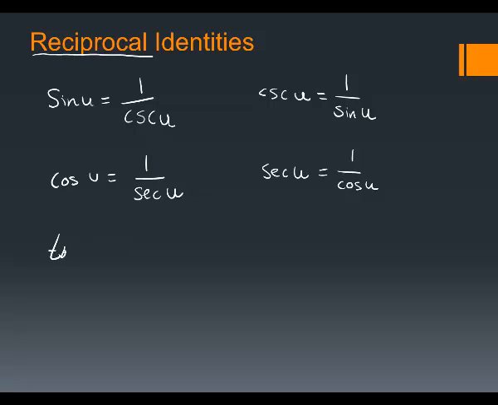Tangent of U equals 1 over cotangent of U, and cotangent of U equals 1 over tangent of U. We should have seen these before, but we will be using these to help us out. So these are the reciprocal identities.